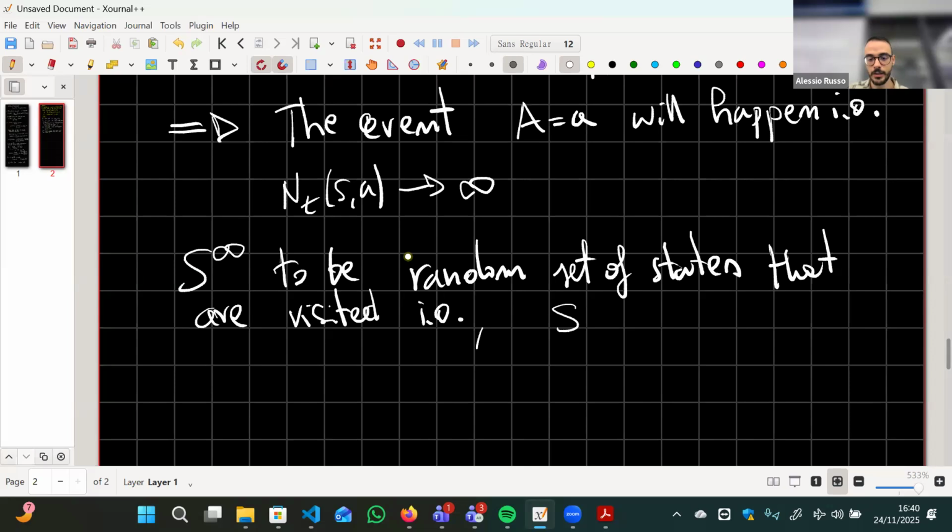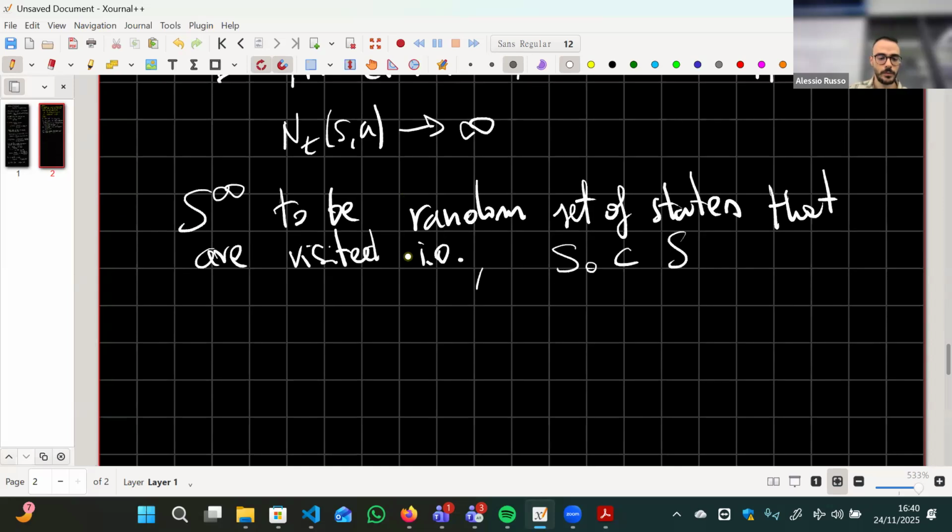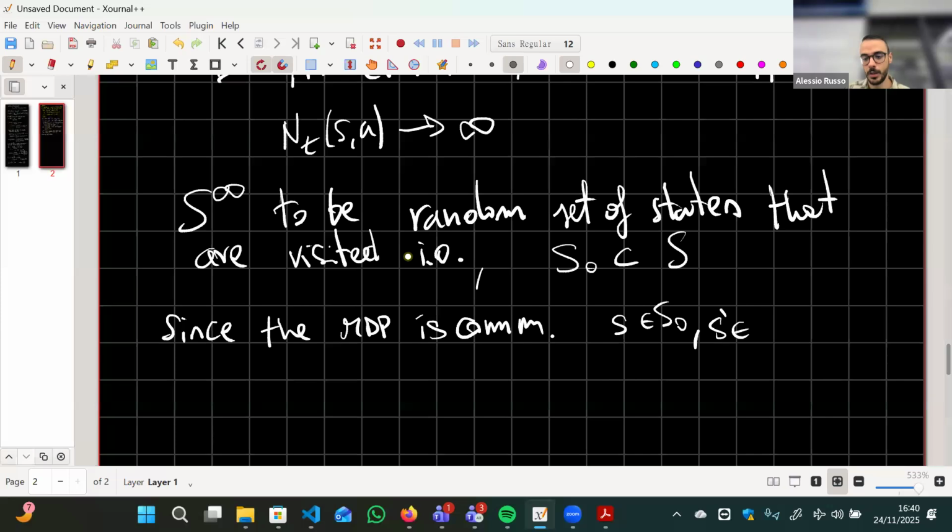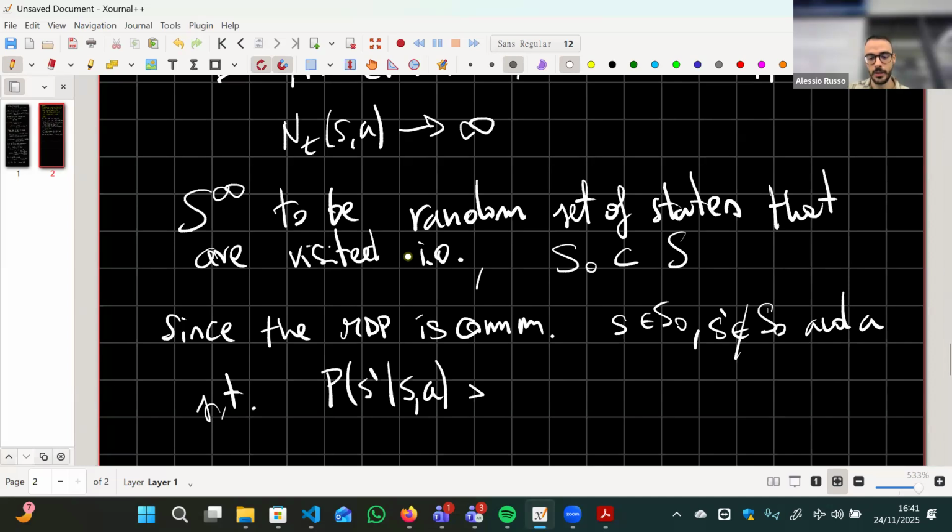We also let S_0 be any subset of the set of states. And since the MDP is communicating, we know that there exists S that belongs to S_0, S prime that doesn't belong to S_0, and an action A such that P of S prime given S, A is bigger than 0.